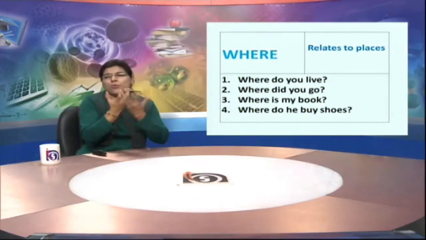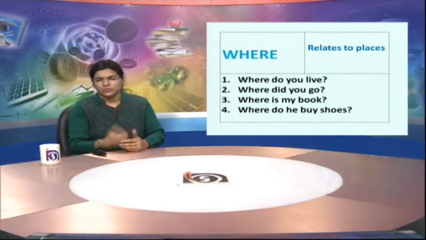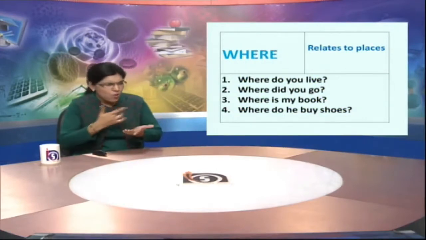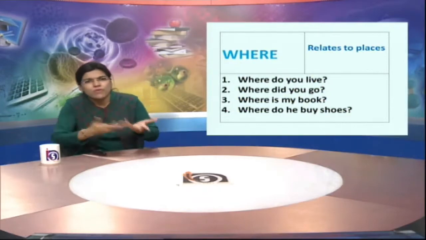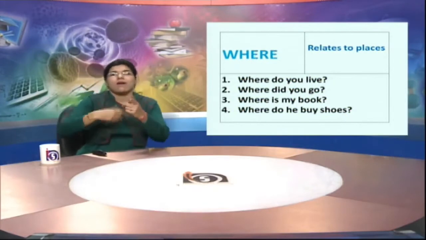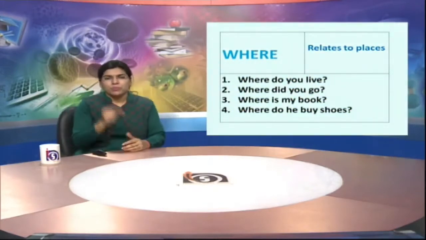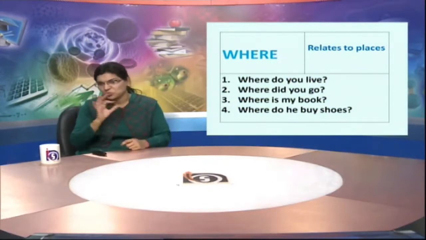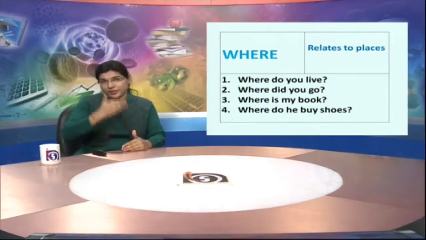So I was going to this place or that place. Third question is, where is my book? Asking somebody where is my book, not being able to find it. Fourth is, where does he buy shoes from? So asking the brand of the shoes.